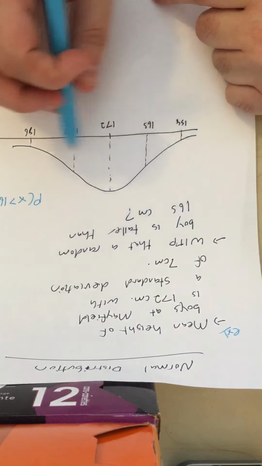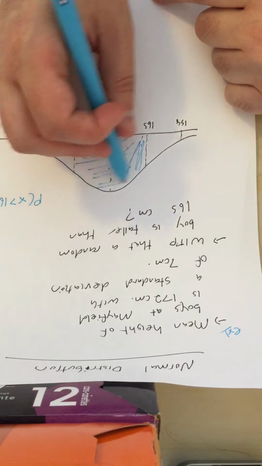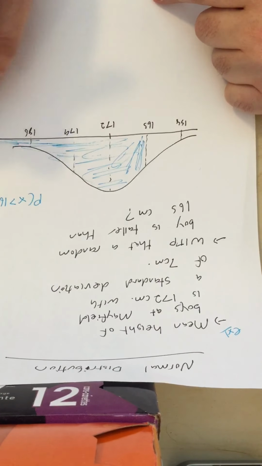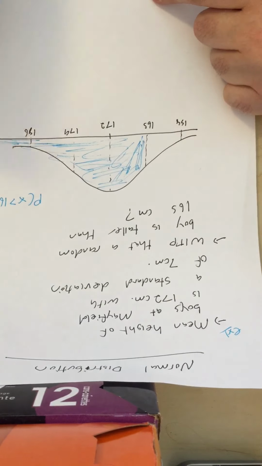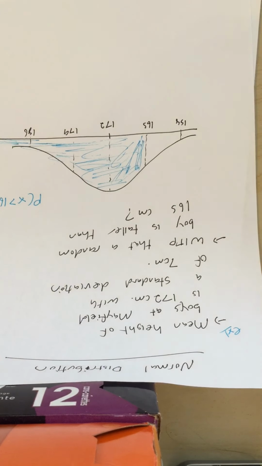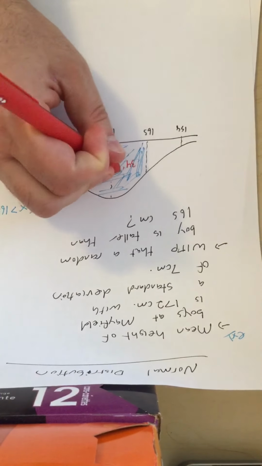So the probability of being taller than 165 is going to be all this going out to, this asymptotically approaches 0. It never actually gets to 0. So it's going from that to infinity. Now we know from this sheet over here that we did in the previous video that this is 34%.